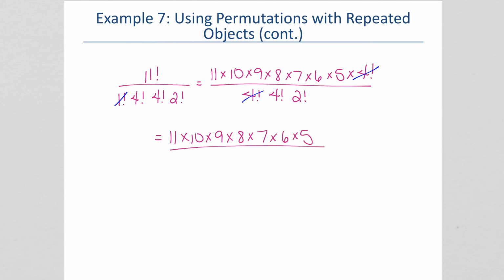And on the bottom we have 4 factorial, which is 4 times 3 times 2 times 1, times 2 factorial, which is 2 times 1. Put that all in your calculator and make sure that you put the top in parentheses and the bottom in parentheses. You get 34,650 possible ways to arrange these letters.